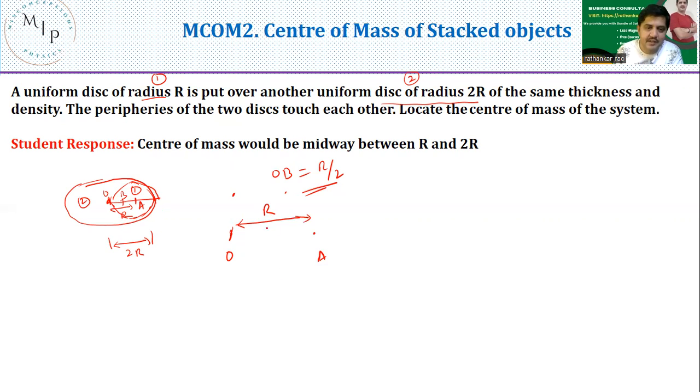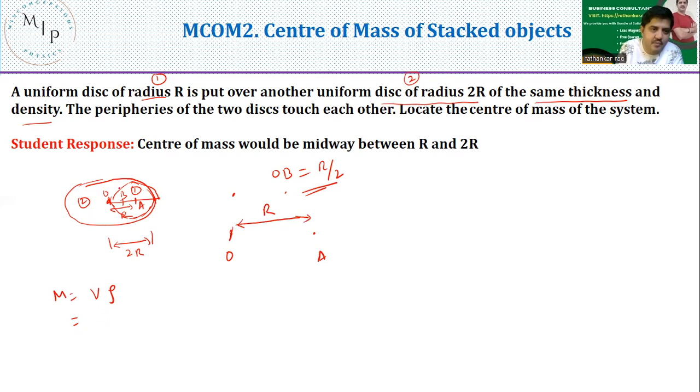The radius is 2r. The mass can be written as volume multiplied by density, where rho is the density. The problem says same thickness, same density. What is the volume for the bigger disk?